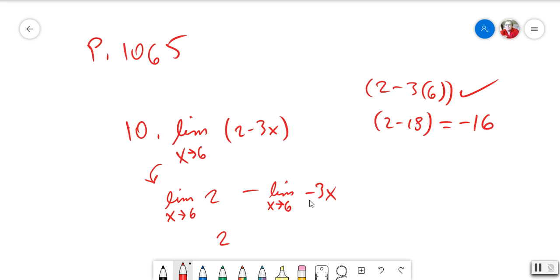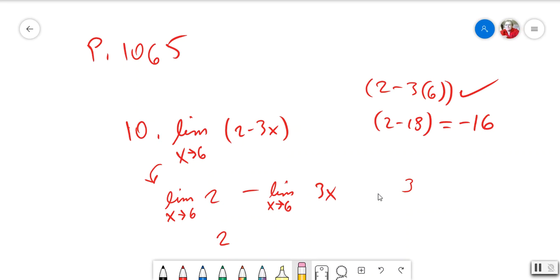This one, though, is a little bit different. So you're going to have to say 3 times... actually, I wrote that wrong. The negative is where the subtraction comes in, so that should not be there. My apologies.